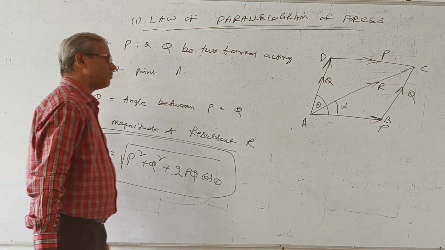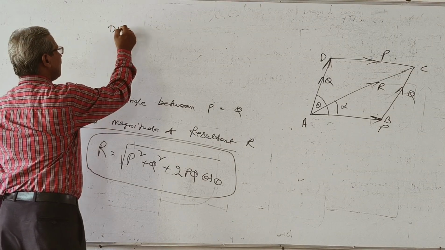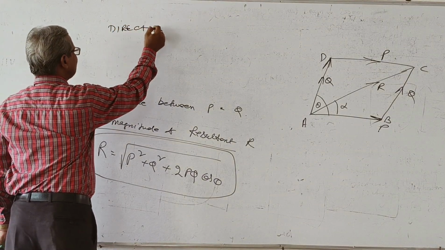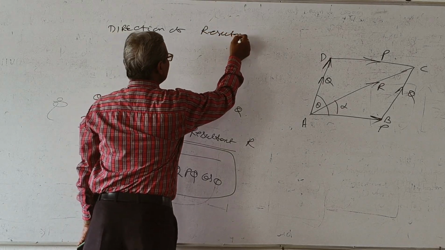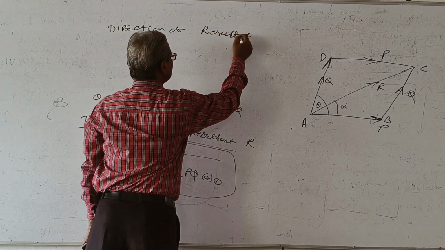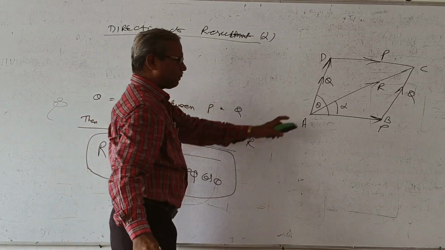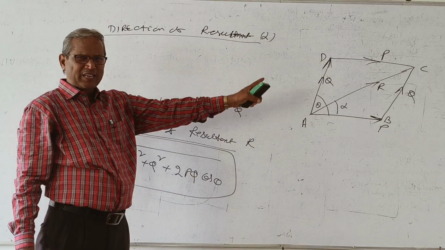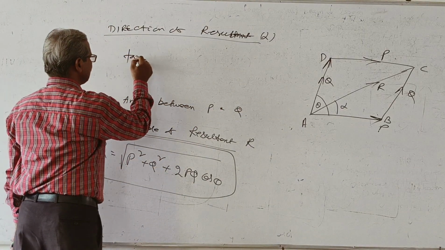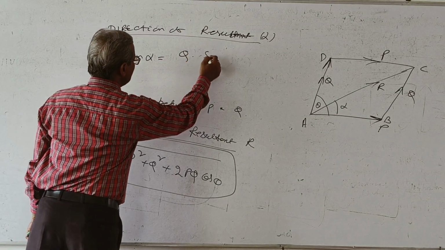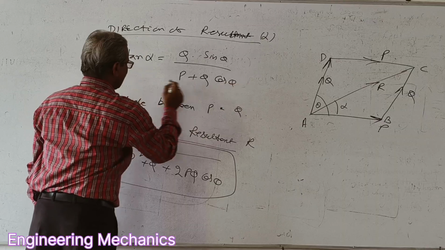Direction of the resultant. Alpha means the resultant force makes an angle with P. Tan alpha is equal to Q sin theta by P plus Q cos theta.